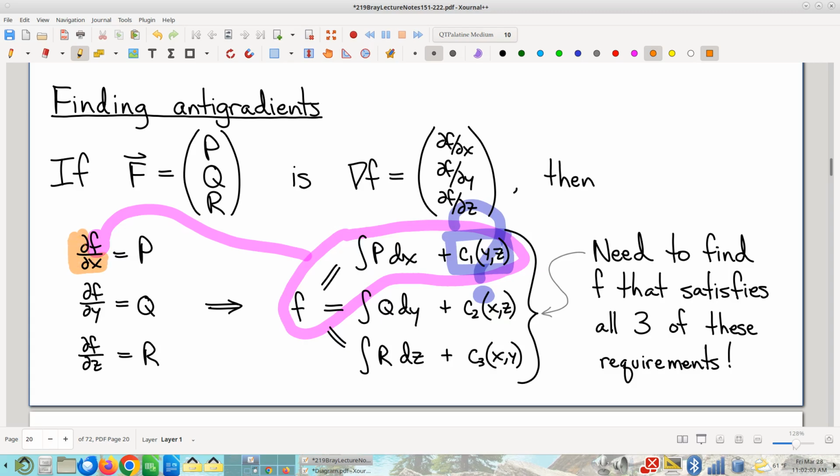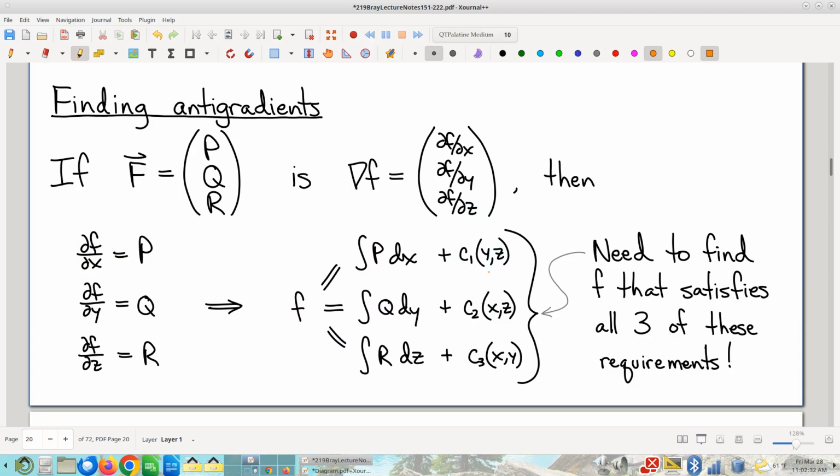So anything, not only constants, but anything whose x partial is 0 will likewise not mess up the requirement, and therefore is okay. Any what we call partial constant, anything whose partial with respect to x is 0, is free, and you can add it in totally fine, and it doesn't mess up a thing.